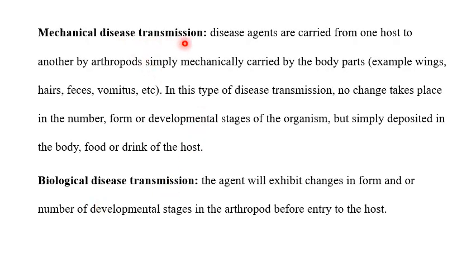Mechanical disease transmission: disease agents are carried from one host to another by arthropods, simply mechanically carried by the body parts, for example wings, hairs, feces, vomitus, etc. In this type of disease transmission, no change takes place in the number or developmental stages of the organism, but it is simply deposited in the body, food, or drink of the host.